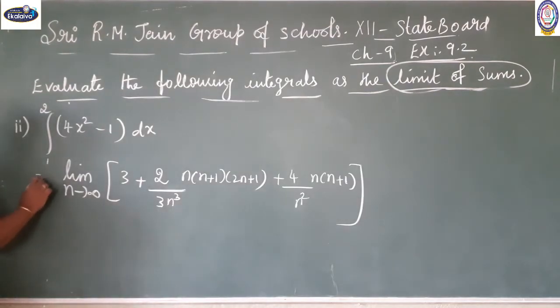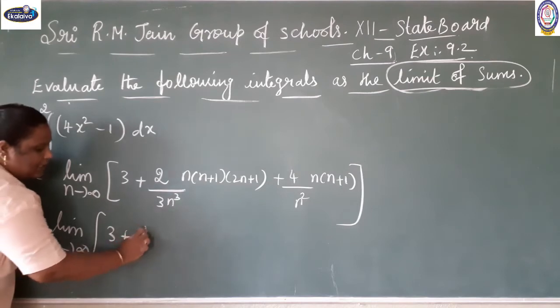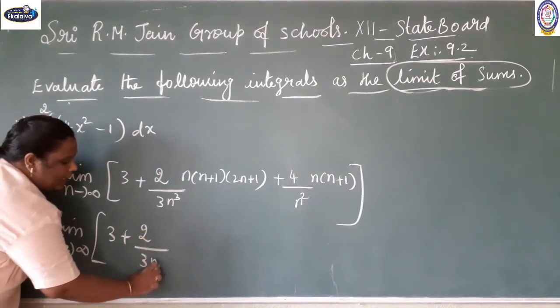So it gives limit n tends to infinity 3 plus 2 by 3 n cube.